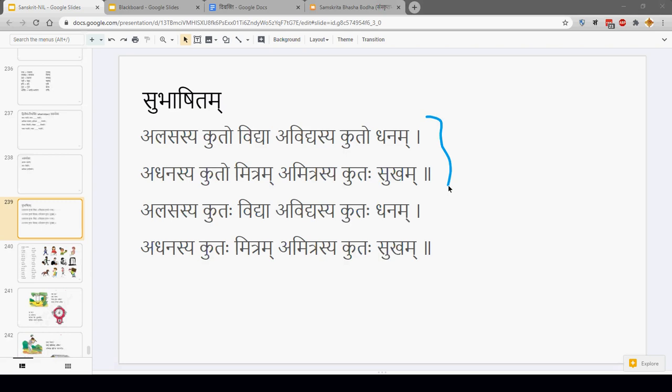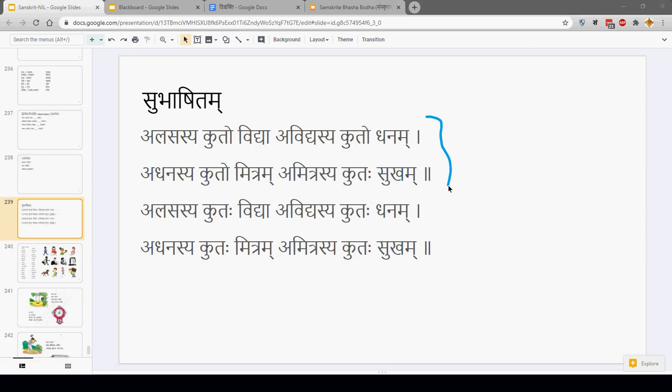Alasasya kuto vidya, avidyasya kuto dhanam, adhanasya kuto mitram, amitrasya kutah sukham.